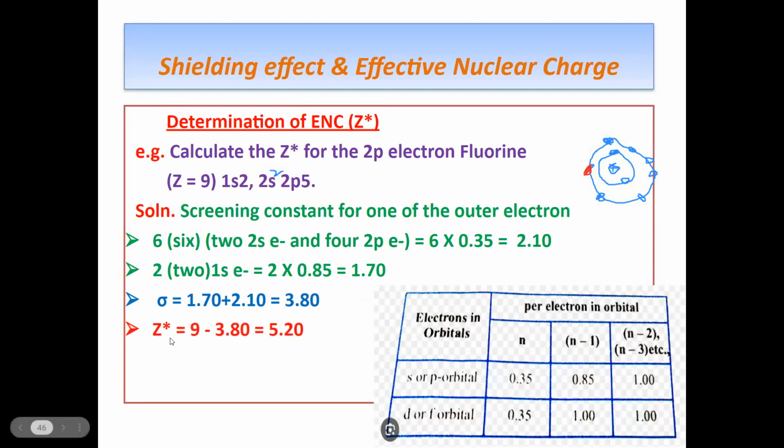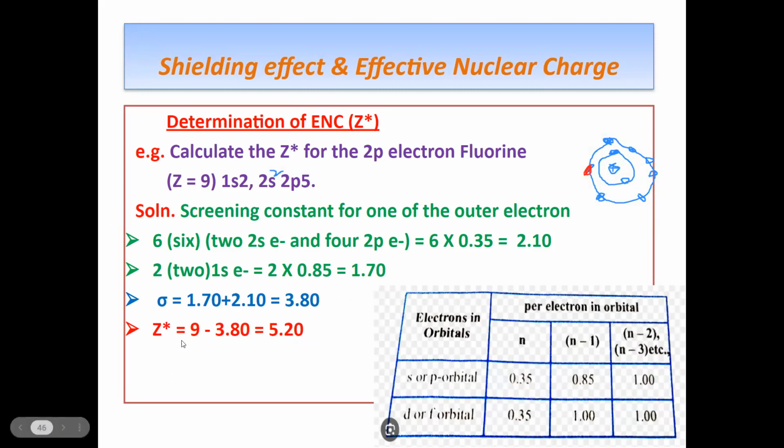So here Z star is Z minus sigma. Z may be the atomic number or nuclear charge, 9 for fluorine. Sigma is 3.80. Substituting from 9, what do we get? 5.20.